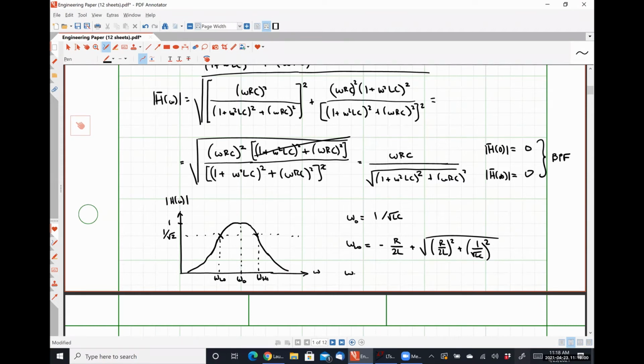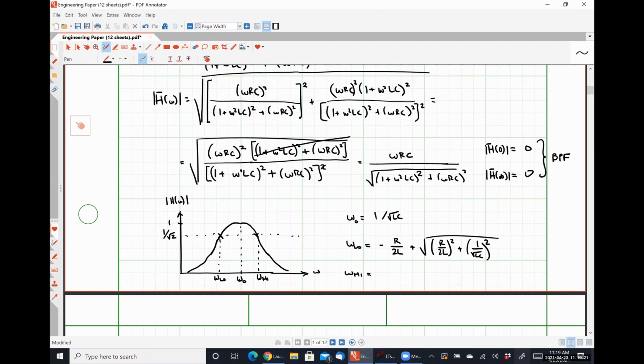Omega high is going to be slightly different, okay? When we were dealing with the transient analysis, our first natural frequency was negative alpha plus the square root of alpha squared minus omega naught squared. Here we have a plus sign.